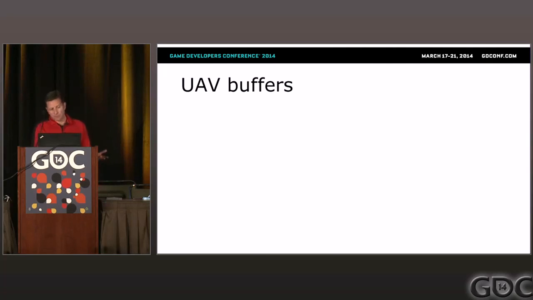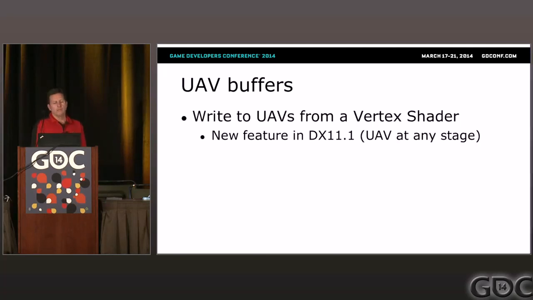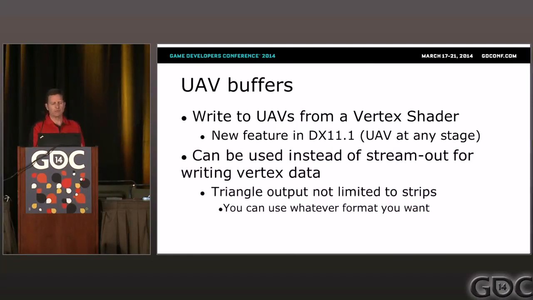So UAV buffers are nice to have. These are unordered access views, and now you can write to them from a vertex shader. It's a really powerful feature. One of the things you can do with it, for example, is something like stream out. You can just write out your vertices that you've processed in the vertex shader.